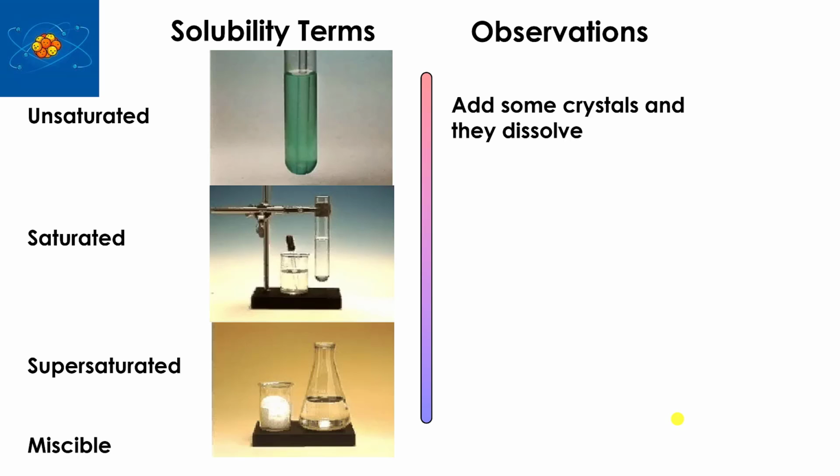So if you take two clear solutions, let's say, I'm going to make myself a little space here, I'll write it all the way out here. Two clear solutions, and you mix them together, and then that solution becomes cloudy.